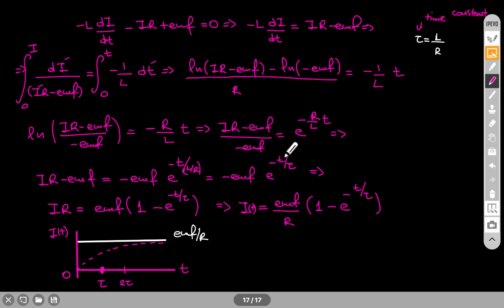Now, in this particular example that I did, I have an inductor, a resistor, and the power source, and I'm closing the switch, so I want to have a current flowing in the circuit.